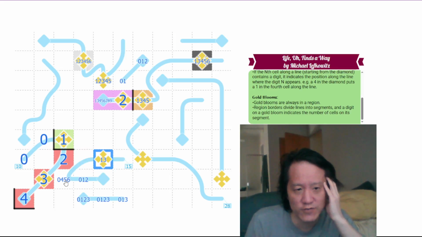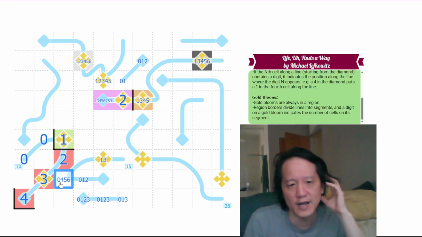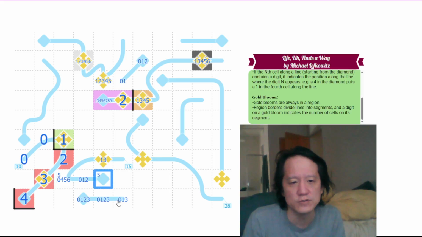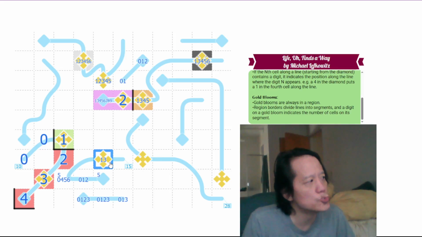So 5 would have to be in the 3rd segment. So 5 actually has to be one of these 2 cells here. If you have 1 as a segment, it's possible you would be missing either 2 and 4 or 6.